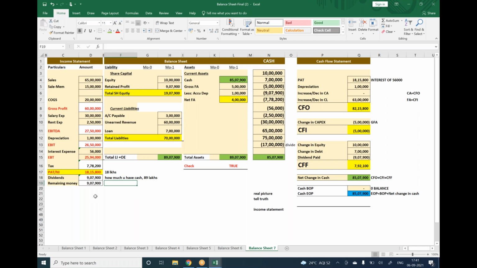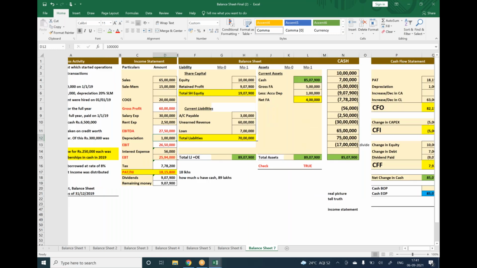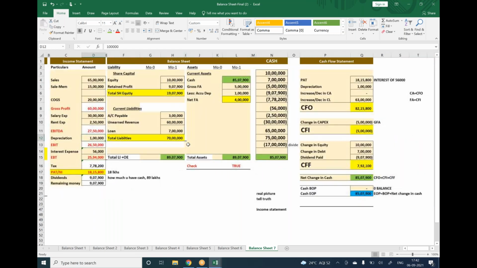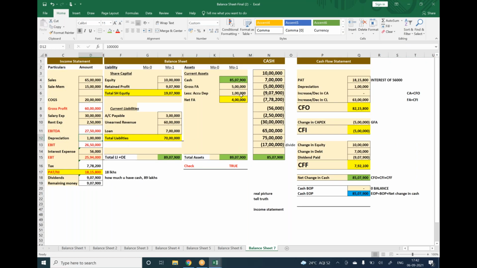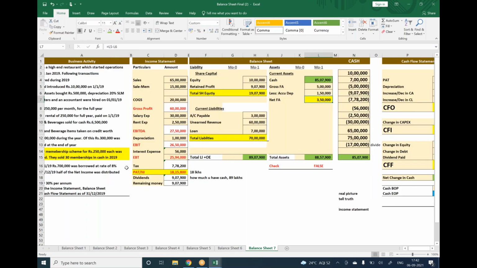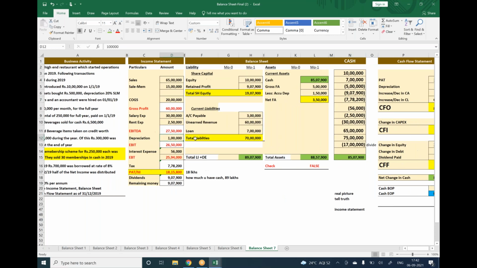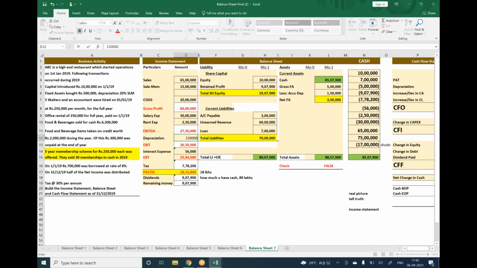I can even manipulate the income statement. Now depreciation, I have taken it as something like 20% straight line method. What if I change this to 30%? I'll change it to 30%. And I'm sure I have not linked it. So then this will become 1,50,000. It reduces to 17 lakhs.